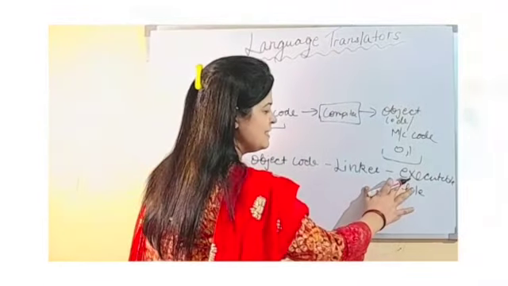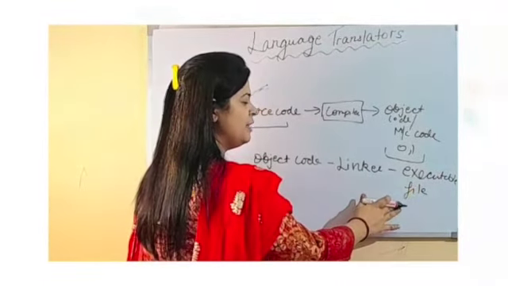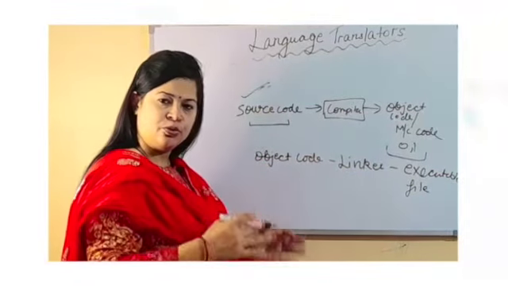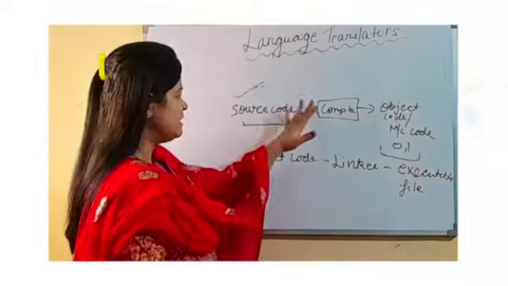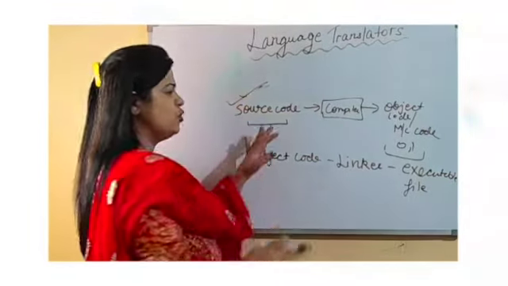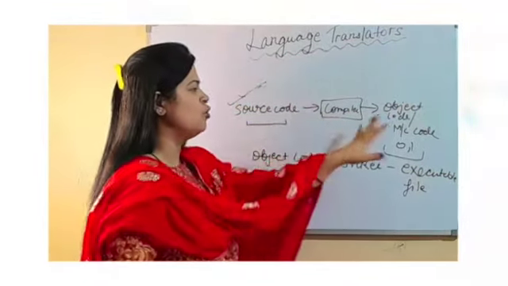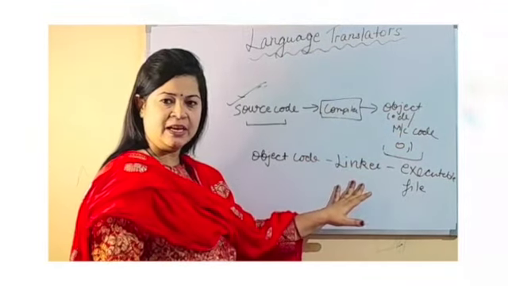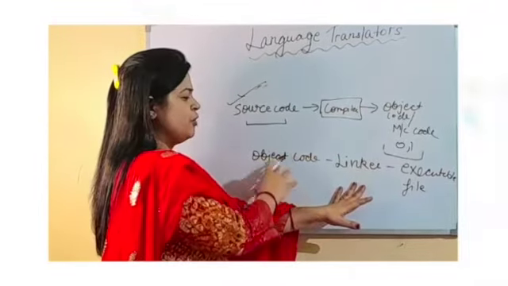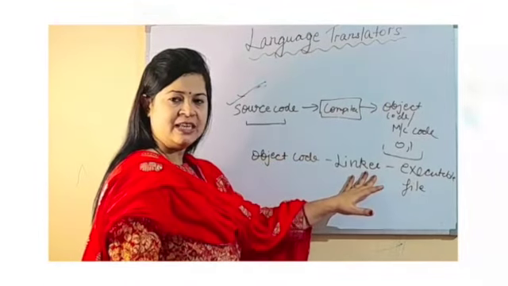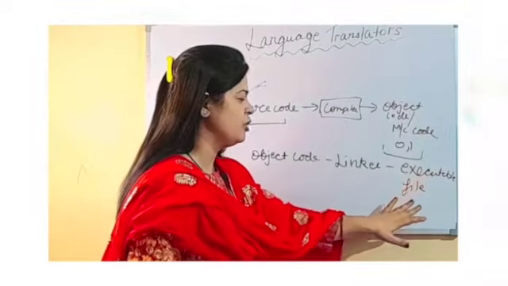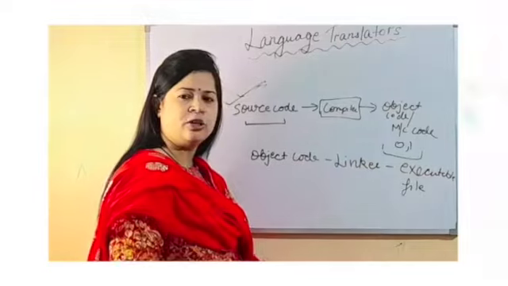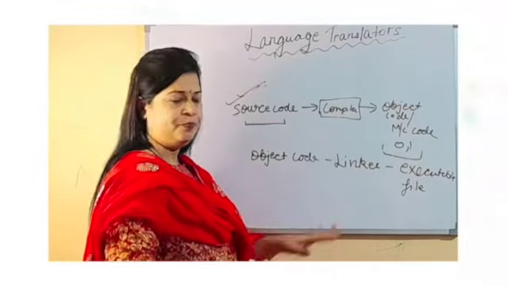After getting the executable file, we can run it on different inputs to get output. So this is the process in a compiler. The source code is converted by the compiler into object code. After that, the object code is connected with the files in the linker, which gives the executable file, and then after giving different inputs to the executable file, we can get the output. So this is the compiler.